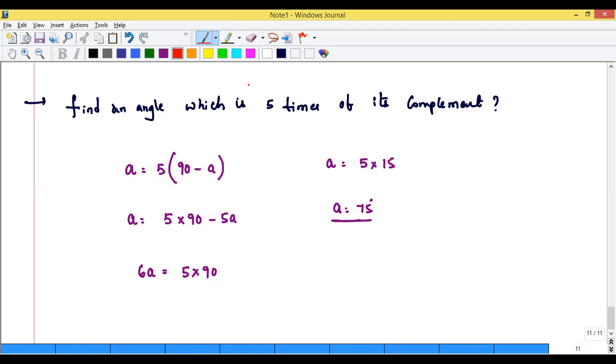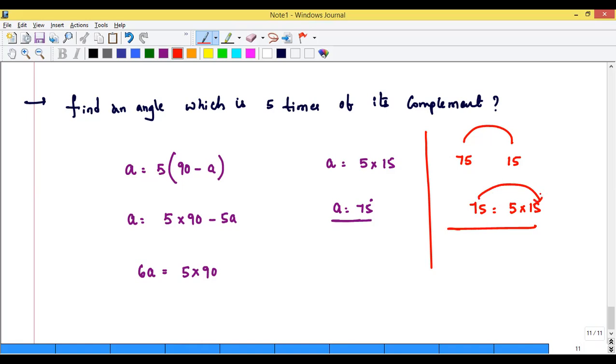If in a pair of complementary angles one angle is 75, what is the other angle? Complementary angles means what is the sum of the angles? 90 degrees. If one angle is 75, the other angle is 15. So 75 is how many times 15? 5 times. Yes or no? 75 is 5 times its complement.